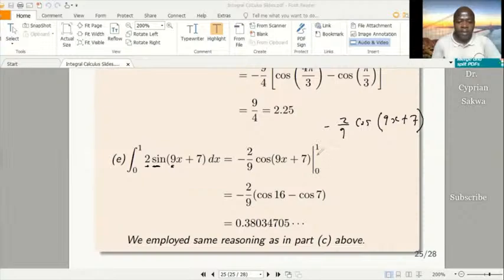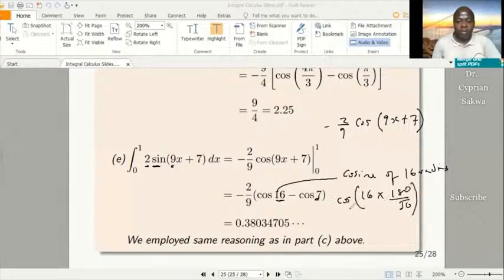Then this time again, remember that the limits are not angles, 0 to 1. So when I put 1, I would have 9 times 1 plus 7, which is 16. And when I put 0, I would have 7. I have to recall that this means the cosine of 16 radians, which is the same as cos of 16 times 180 over pi.